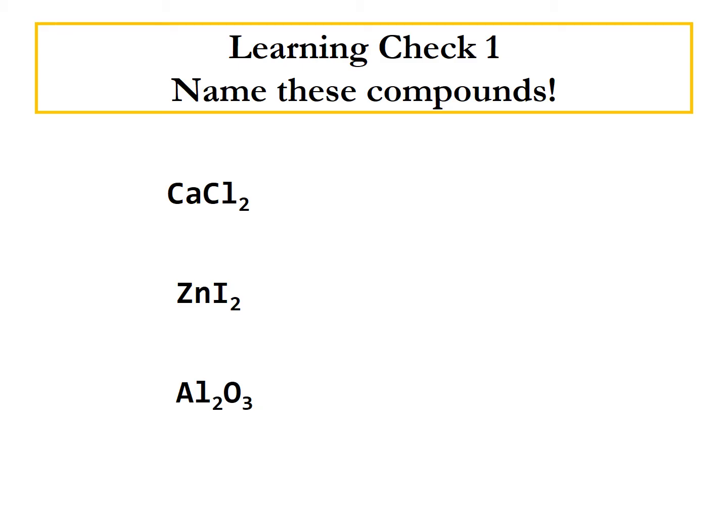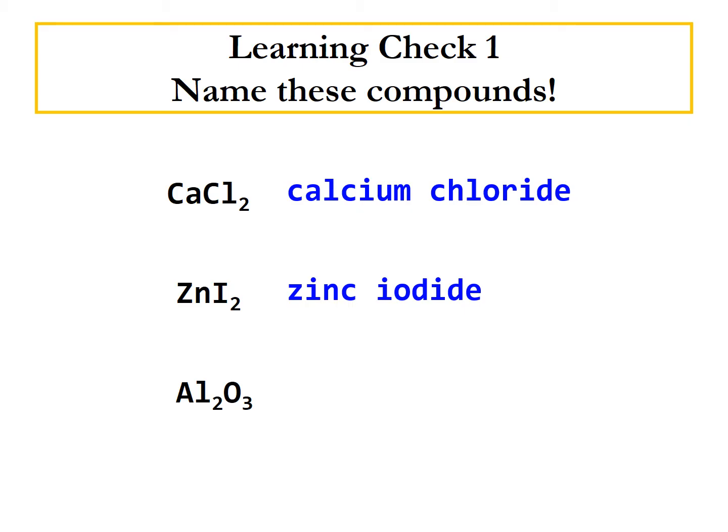So in the first question on this slide, we have calcium chloride. Next, zinc iodide. And next, aluminum oxide. In all 3 cases, the ending of the anion, the negative ion, changes to IDE. The metal ion is simply the metal name.